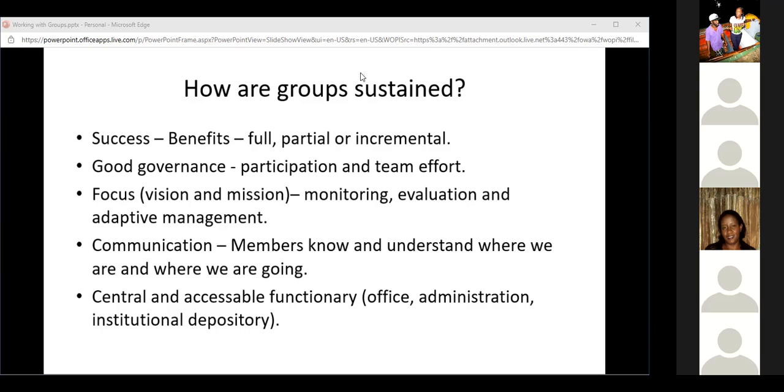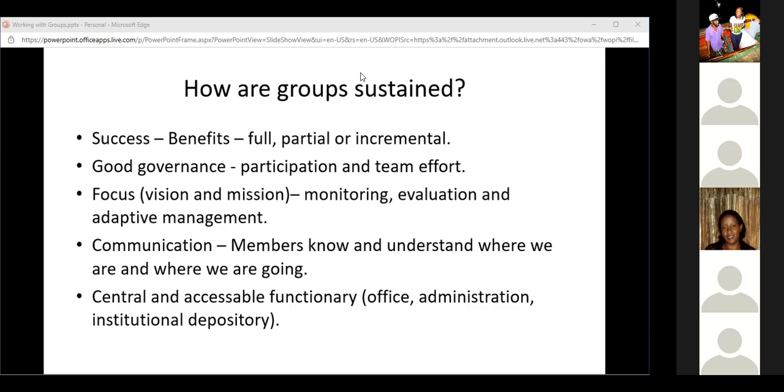And so surrounding the central office then becomes the organ of the organization, a place where the members can come to get information, a place where the members can come to lodge complaints, and a place from which communication can be sent out as well.